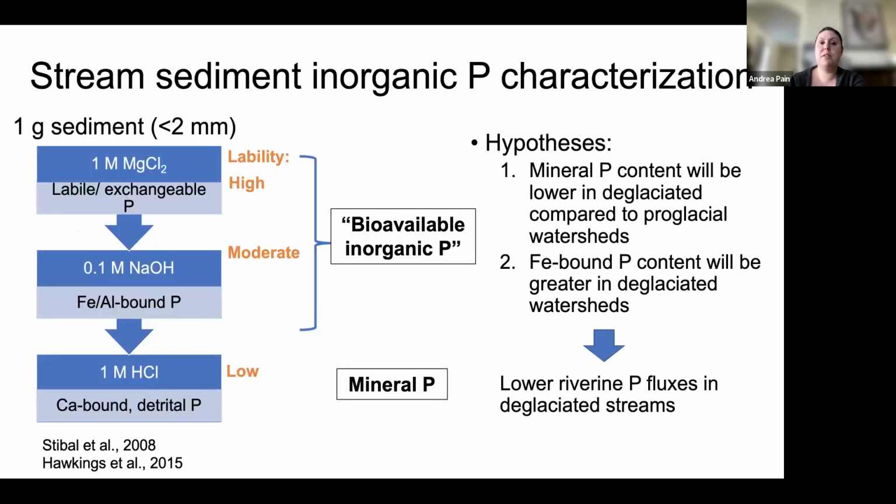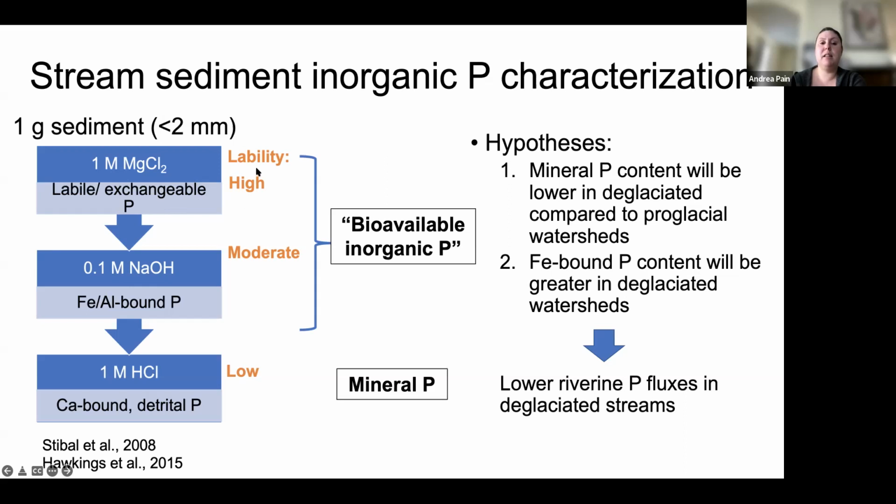So to test this hypothesis, we collected some stream sediments and did a simple leaching experiment to characterize some of this inorganic phosphorus. I'll be talking just about the inorganic fractions today, but it started with a simple ion exchange reaction to remove labile or exchangeable phosphorus.